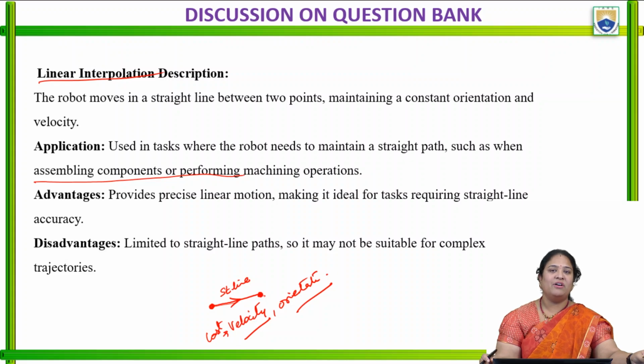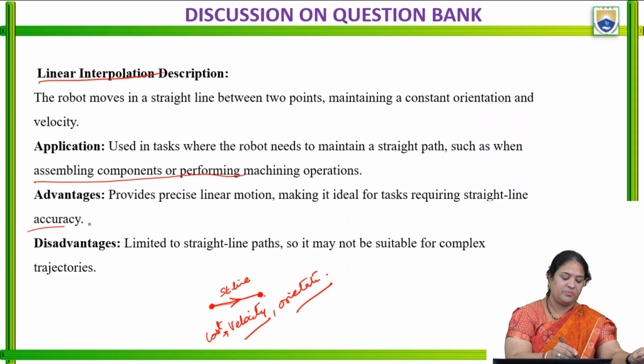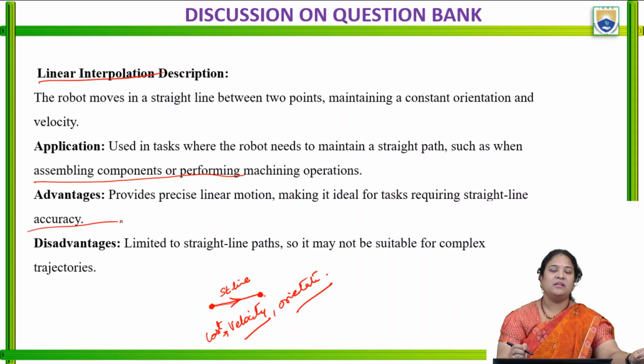One of the advantages of this particular type of path control system is that it is very precise and gives a linear motion, making it ideal for tasks requiring straight line accuracy. When we are using this type of control system, the accuracy is good, as well as it gives a very precise linear motion.